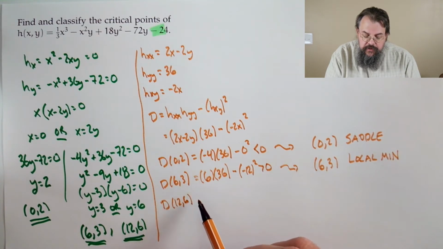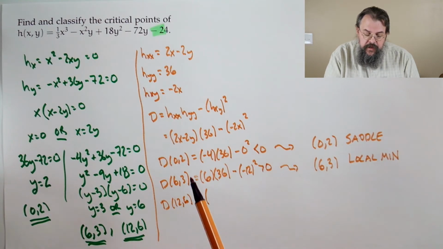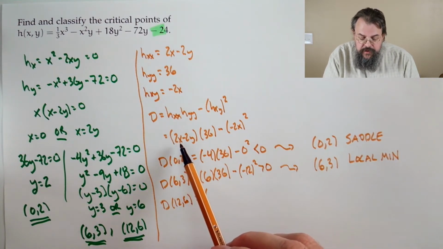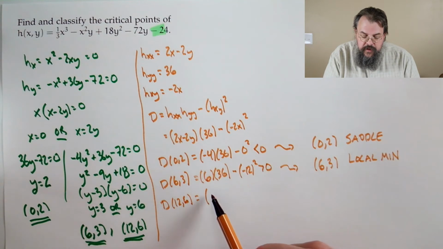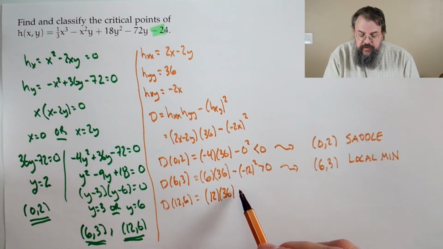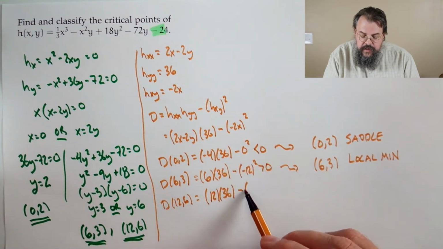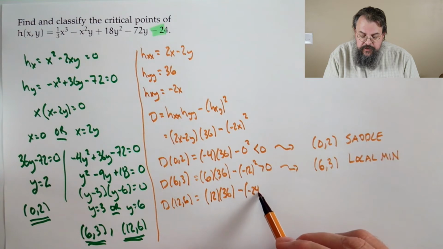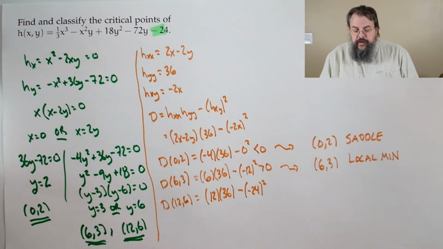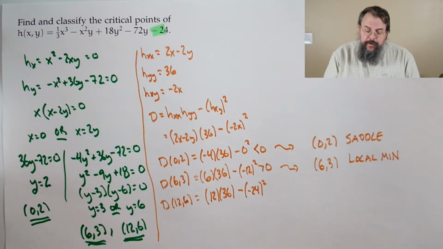Okay, (12, 6). So what will that happen to be? 2 times 12 is 24, minus 2 times 6, which is 12, times 36. Subtract 2 times 12 is 24, that's actually negative 24 squared. Well, we can do the same reasoning.